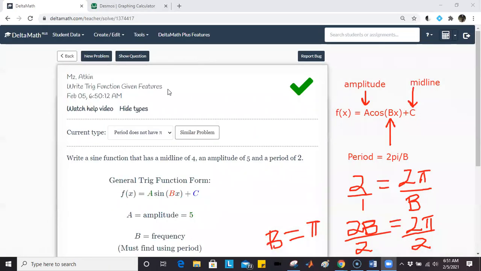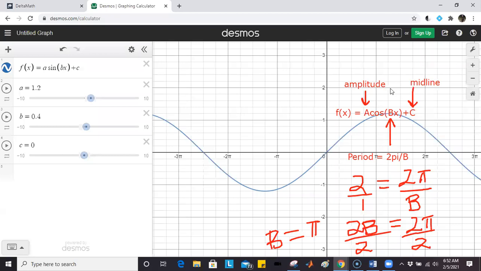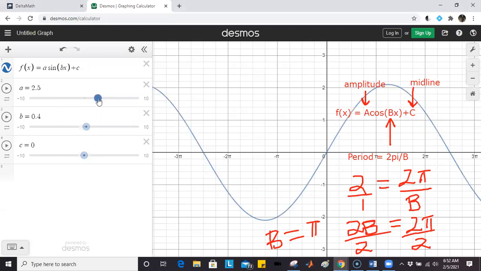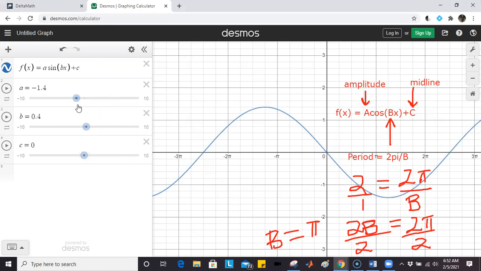Awesome. Nicely done, scholars. We talked about writing trig functions from given values. We talked about matching graphs, and we talked about how to put all this good stuff in Desmos so you can play around with it. We talked about when a is negative, there's a negative in front of your amplitude.